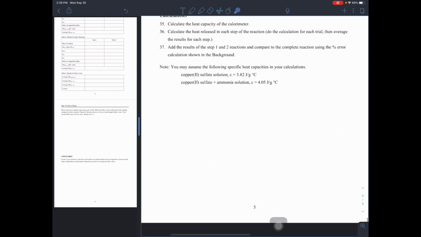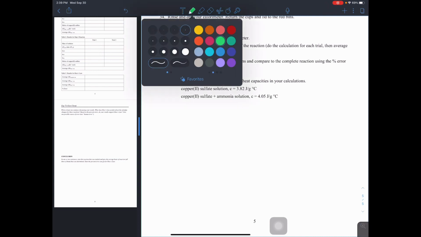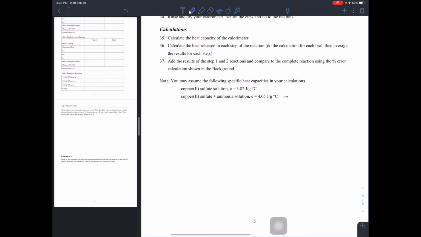So looking down here at the end, the copper sulfate with ammonia, we use that in the complete reaction. But this copper sulfate solution alone, this value we want to use for step 1.